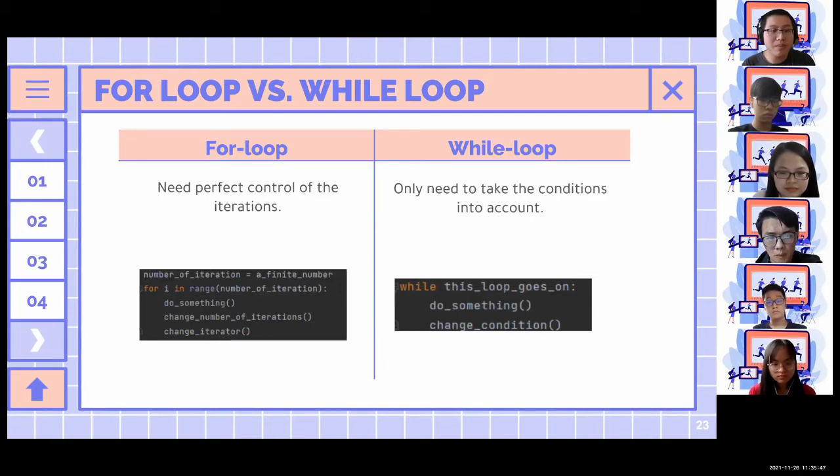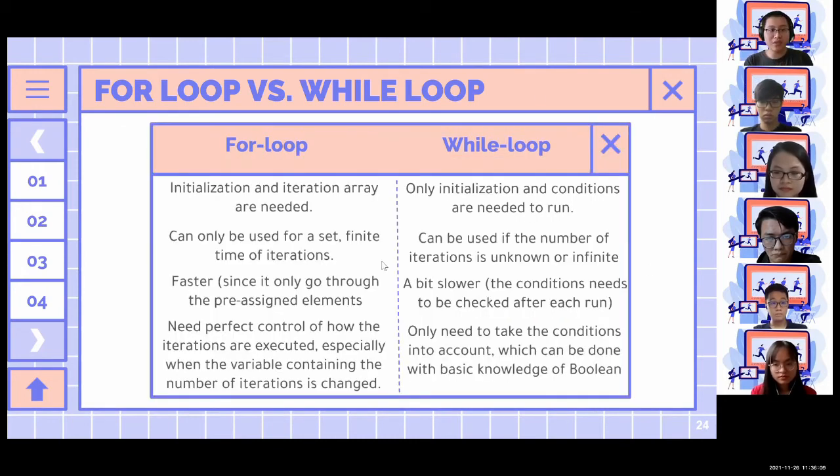The for loop needs perfect control of the iterations, as the number of iterations and the iterator can be changed, while in the while loop you only need to take the conditions into account, which means you can change the condition with basic knowledge of Boolean data type. Well, that is it for all the differences between the for loop and the while loop.